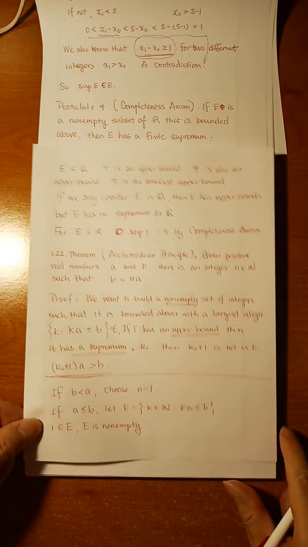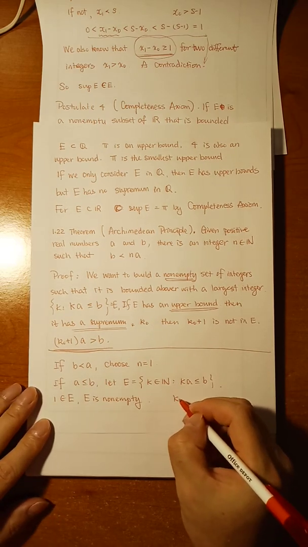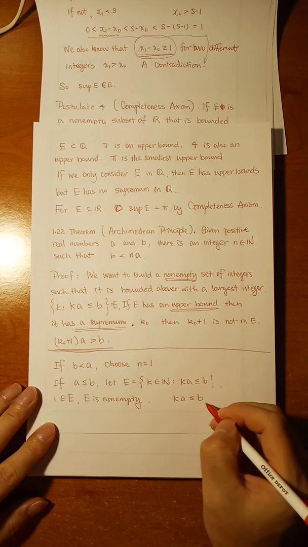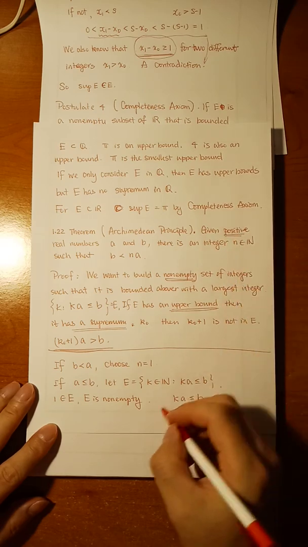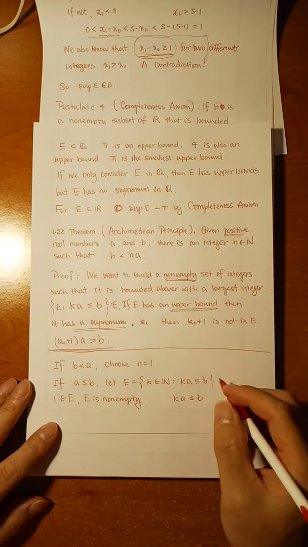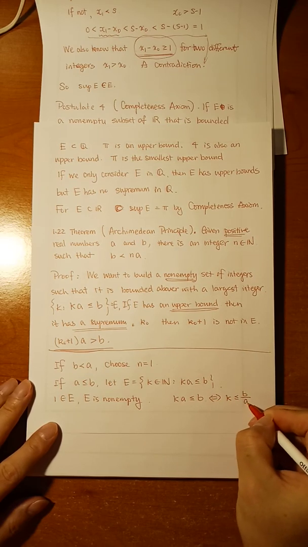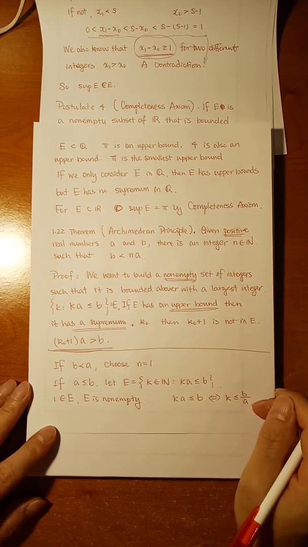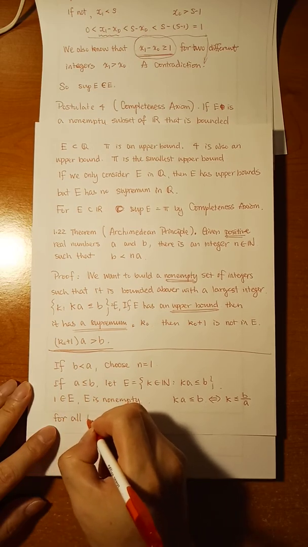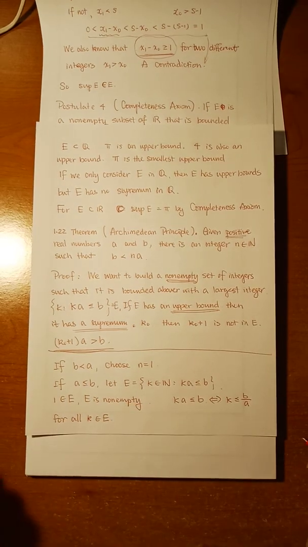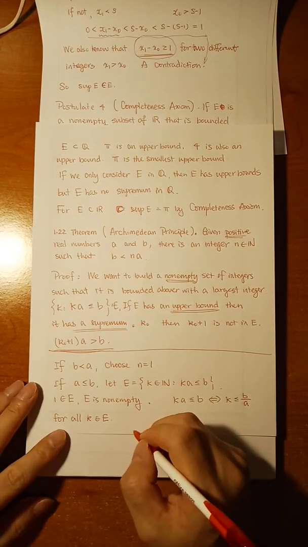Now, k times a less than or equal to b. A is a positive real number. We divide this inequality by a positive number. We get k is less than or equal to b over a. And this property holds for all k in E.